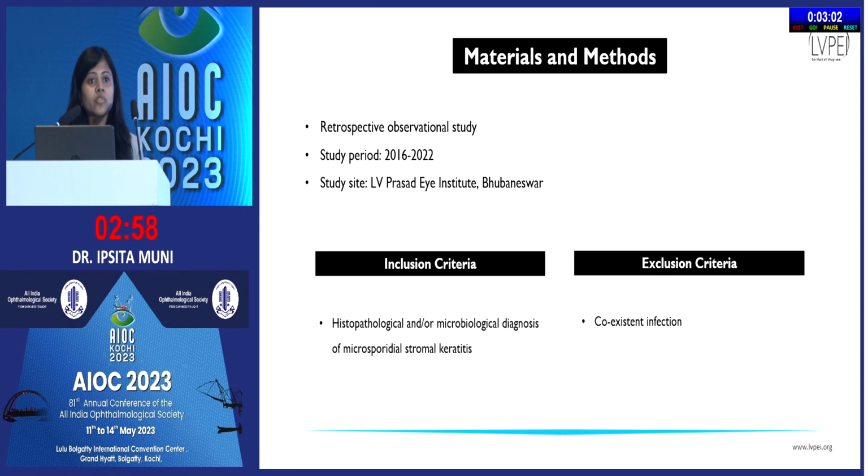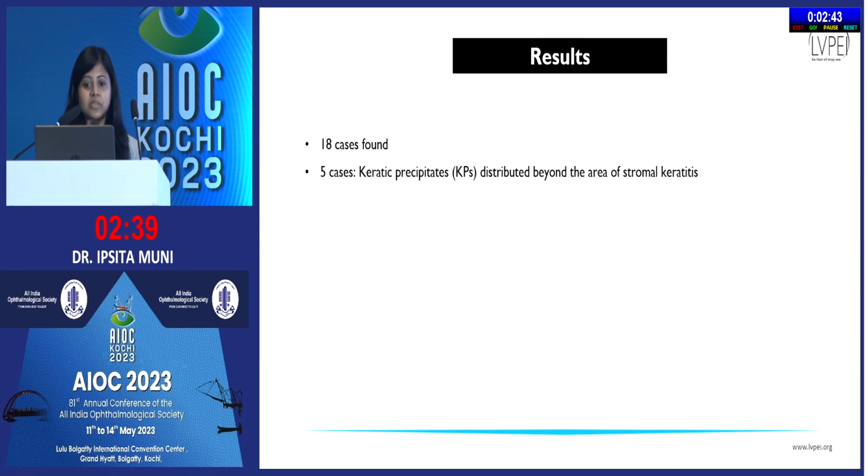So in order to look for distinctive clinical features, we conducted a retrospective observational study between 2016 and 2022 at LV Prasad Eye Institute, Bhubaneswar. The inclusion criteria was histopathological or microbiological diagnosis of microsporidial stromal keratitis, and the exclusion criteria was a coexistent infection.